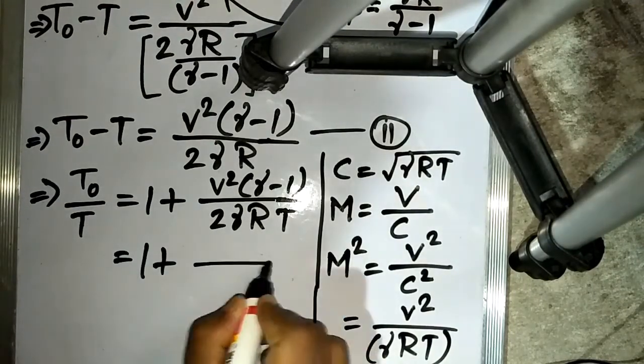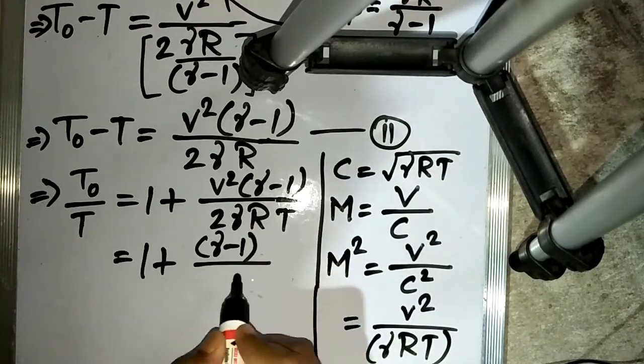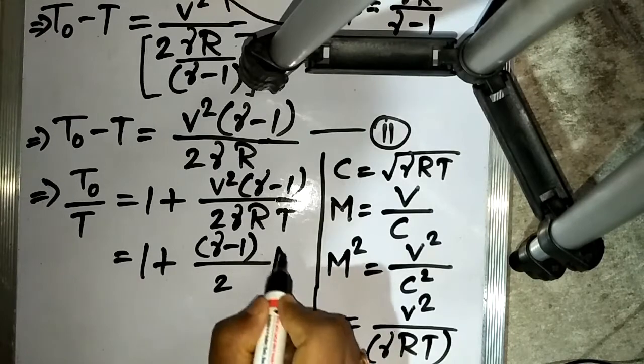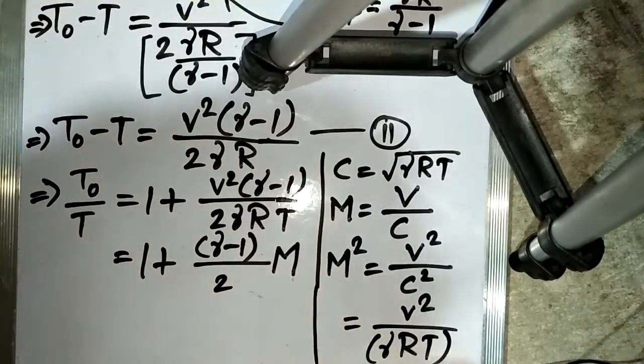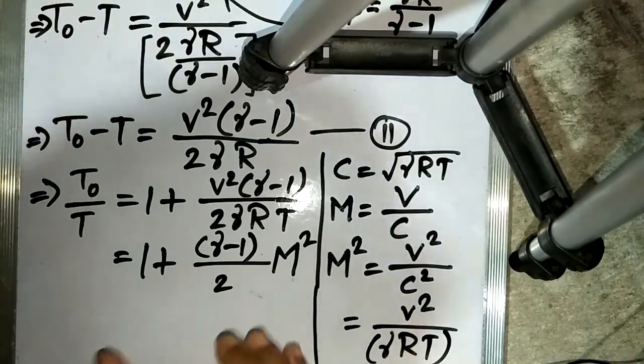1 plus gamma minus 1 by 2 into M square.